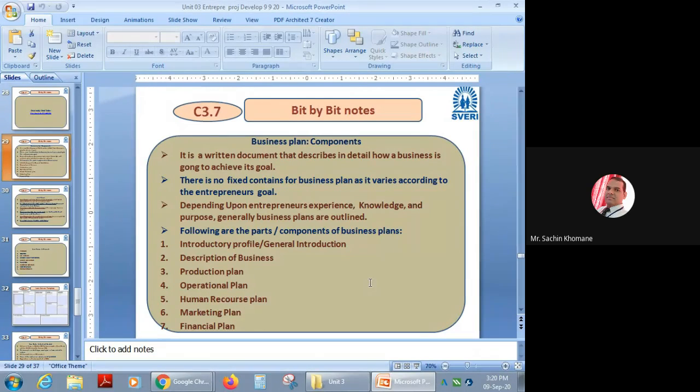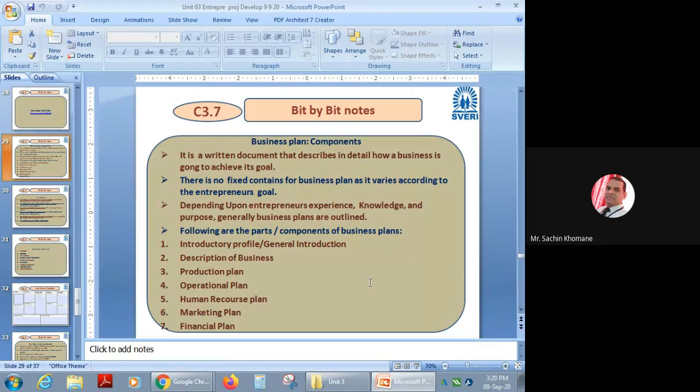So generally people tell business plan is an execution document. Plan itself is an execution document, and in a business, if you are using one plan, people call it a business plan, right? So it is also a written document.